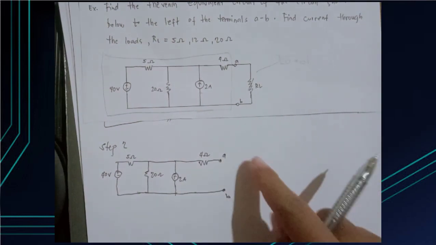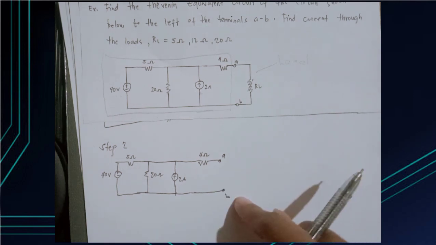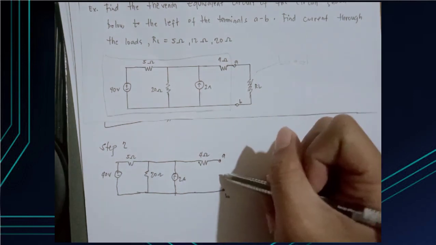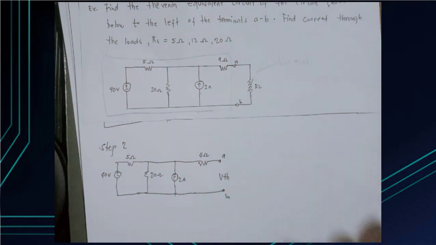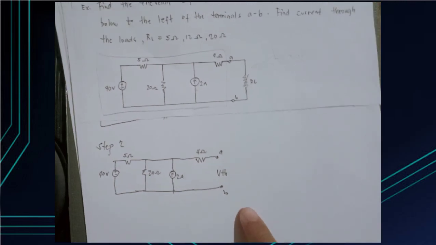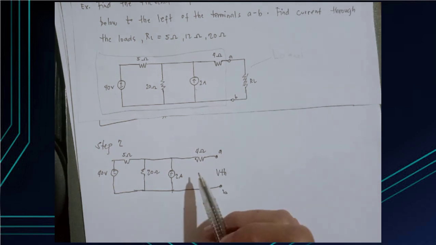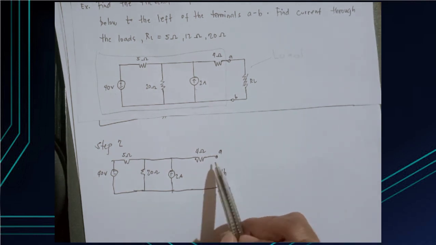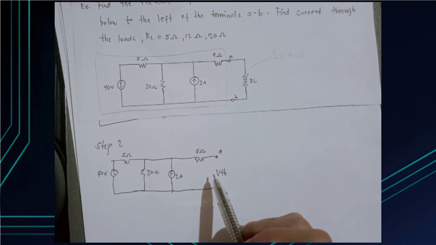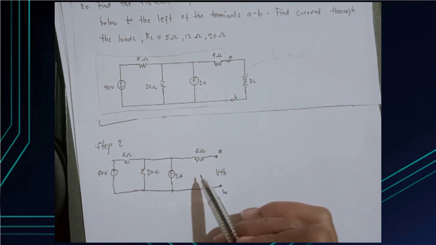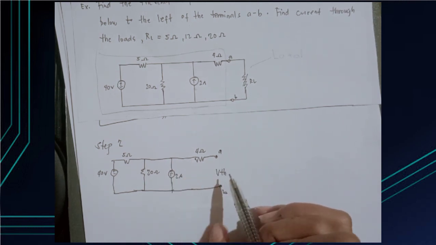So, bakit na naman natanggal yung R load? Tinanggal natin ito kasi dito maglalagi ang VTH. Okay? So, kung napapansin nyo ito, 4 ohms, nakalutang na siya. Walang dumadaloy na current kasi open na siya.